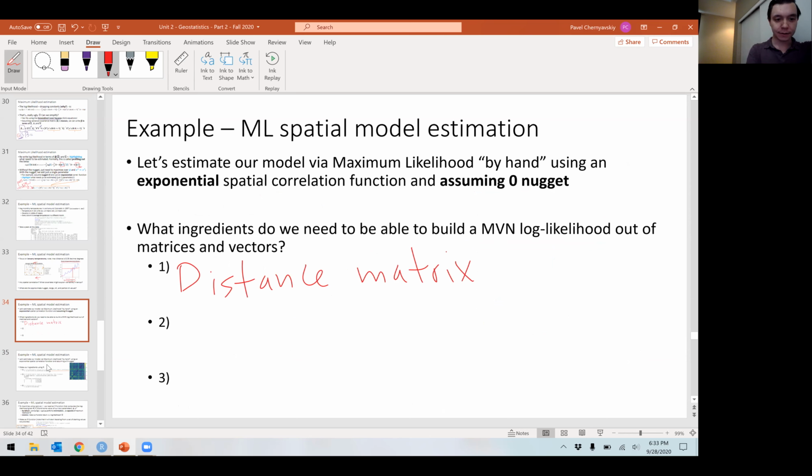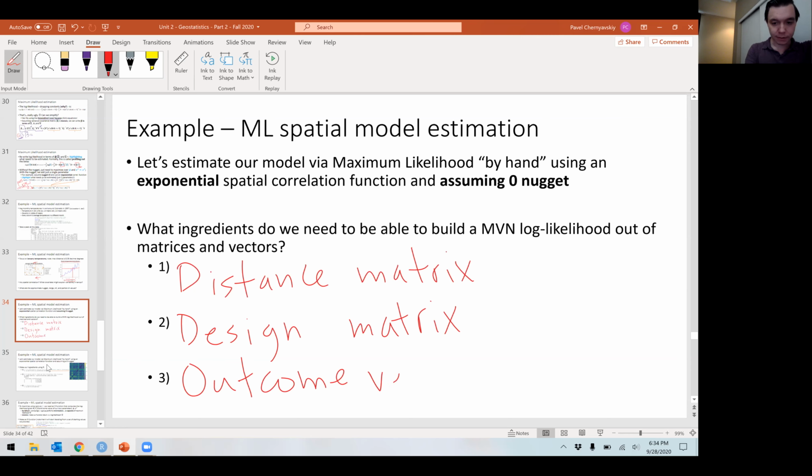I need the design matrix because that has all of my quantitative covariates, in this case just one, elevation, but also the intercept. And finally, I need my outcome vector. In this case, this is just the average January temperatures.